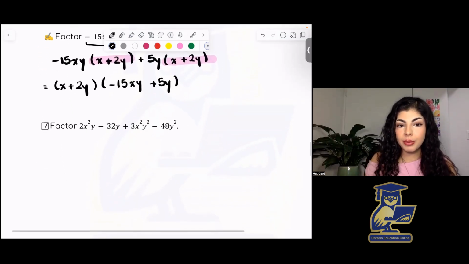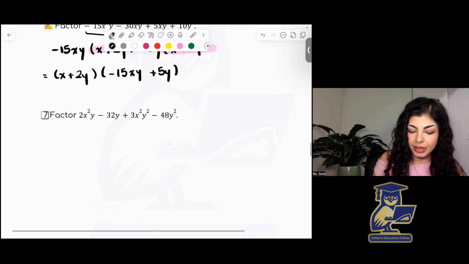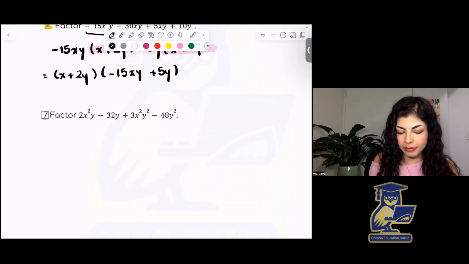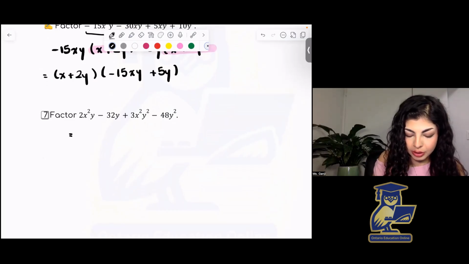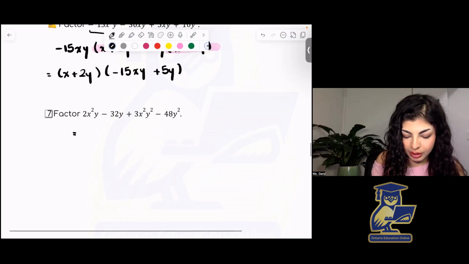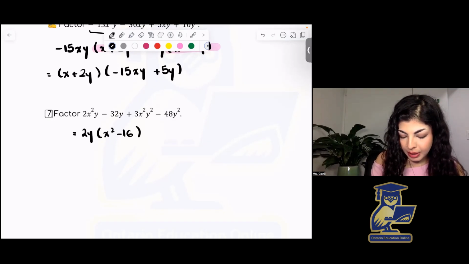And our last example for today is, again, similar to above. So again, try it on your own. But if we try to factor this, the first two terms, we can factor out a 2y, and we're left with x squared minus 16.